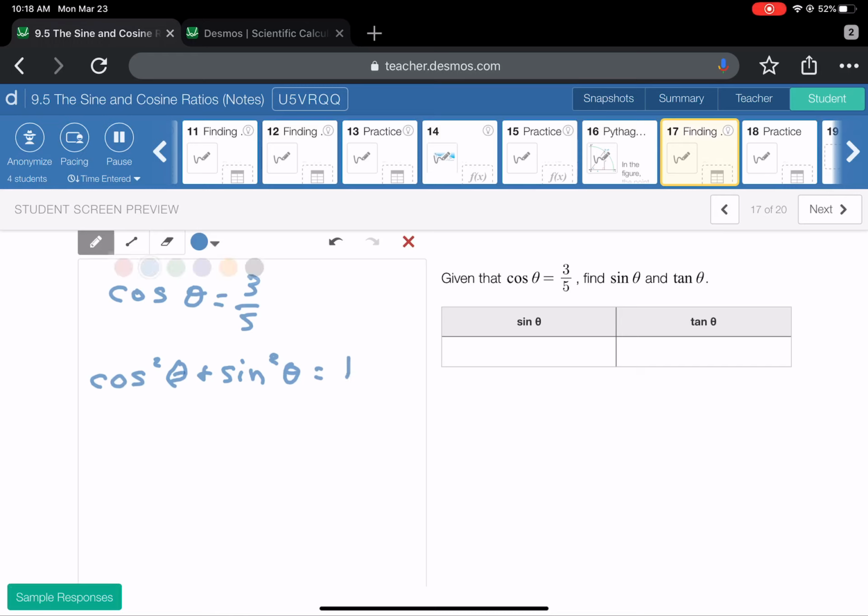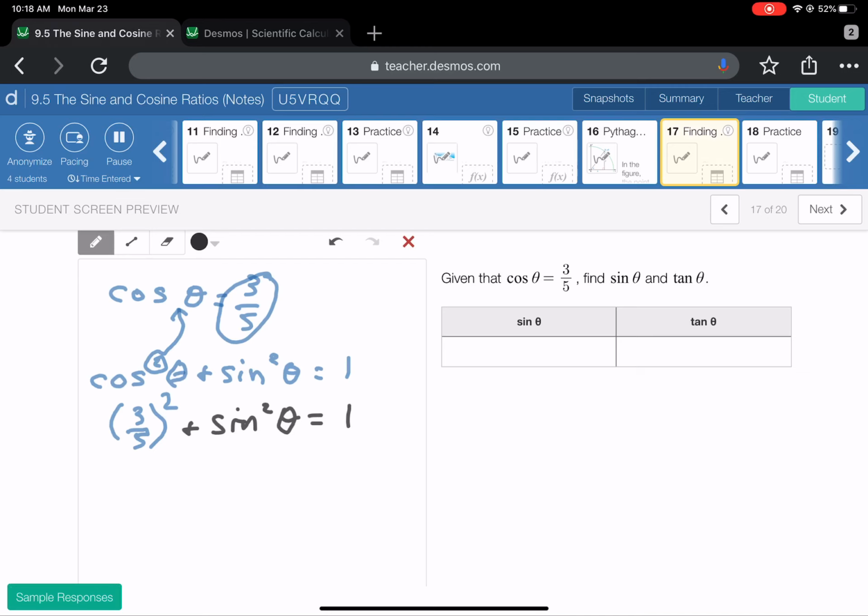All right, so we know that cosine is 3/5, so we're going to go ahead and replace that with cosine. So I'm going to do 3 over 5, and then squared, because here we have a squared. I'm going to write the rest in a different color, plus sine squared theta is equal to 1.